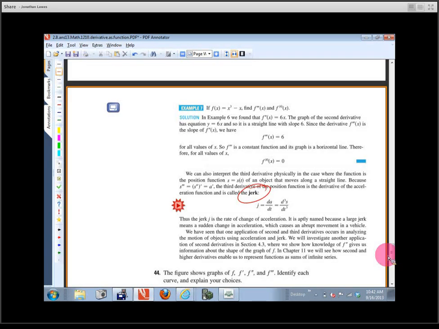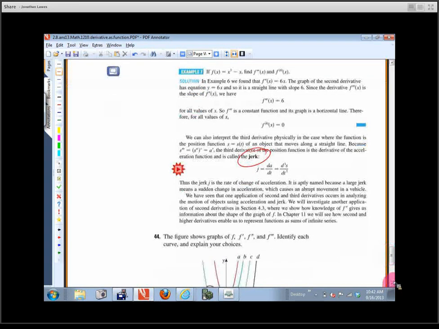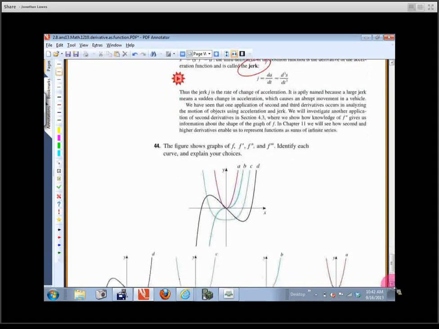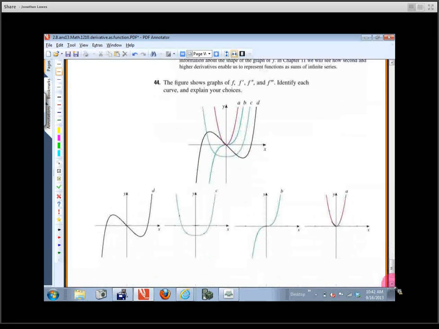It will throw a piston or a rod or something like that because it can't change accelerations that quickly. When we get into more of chapter 3 and start talking about how we find derivatives of trig functions, because trig functions are what we'd use to represent that circular motion, then we can talk more about that. Okay, any questions there?